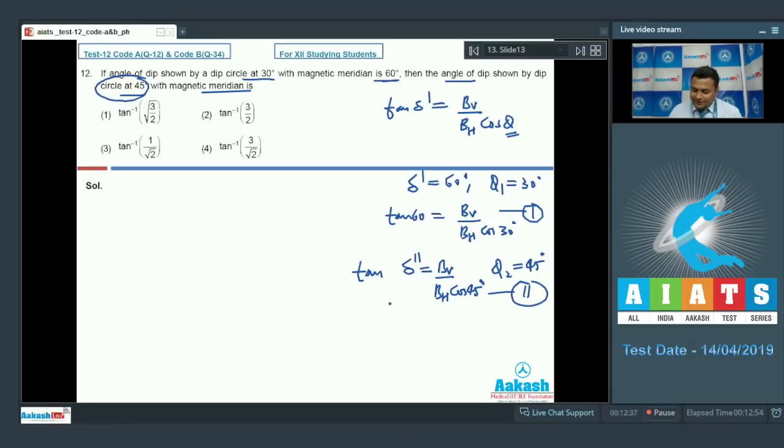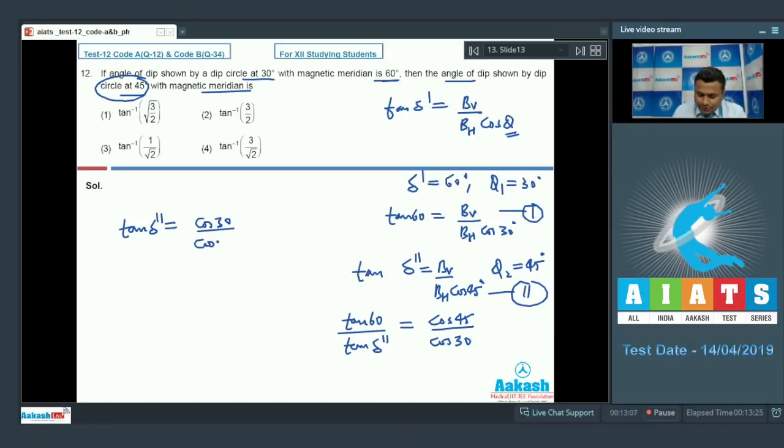Now taking the ratios. If we take the ratio, we will find tan delta dash upon tan delta double dash, that is tan 60 upon tan delta double dash, equals BV upon BH will be cancelled out, and here you will get cos 45 degrees upon cos 30 degrees. Therefore tan delta double dash will be cos 30 upon cos 45 multiplied by tan 60.